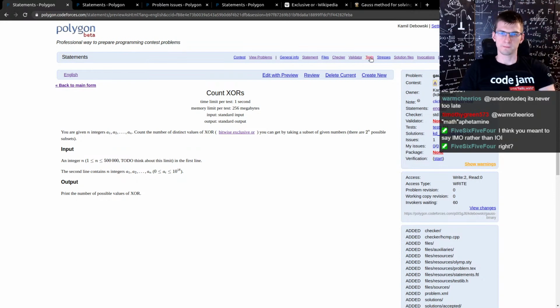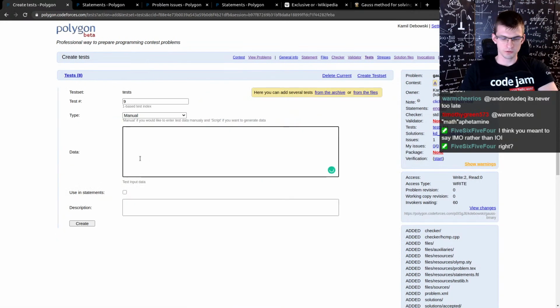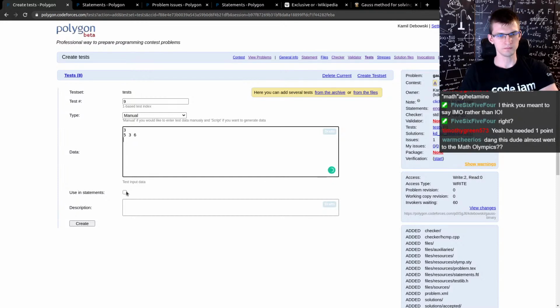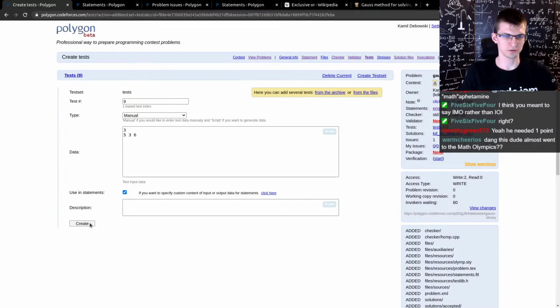Okay. I want to create something where the XOR of everything is 0. An example of that is 5, 3, and 6. I think that they XOR to 0.